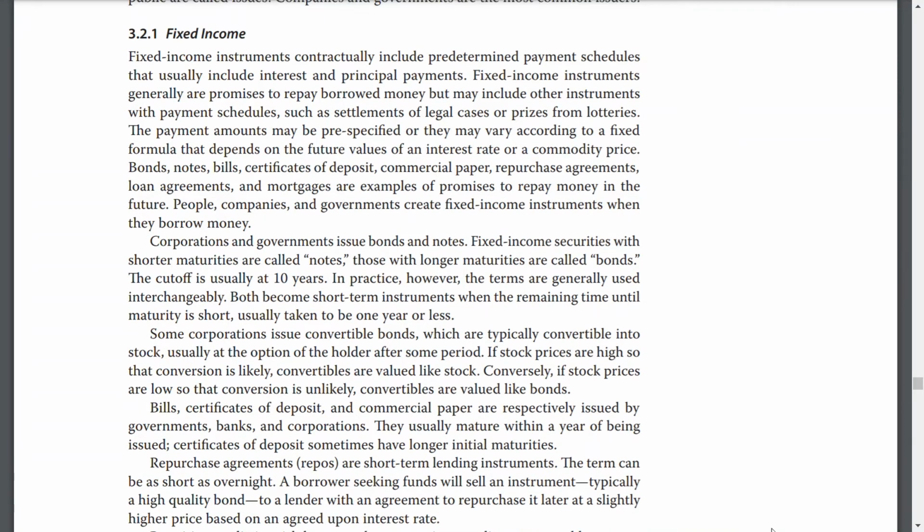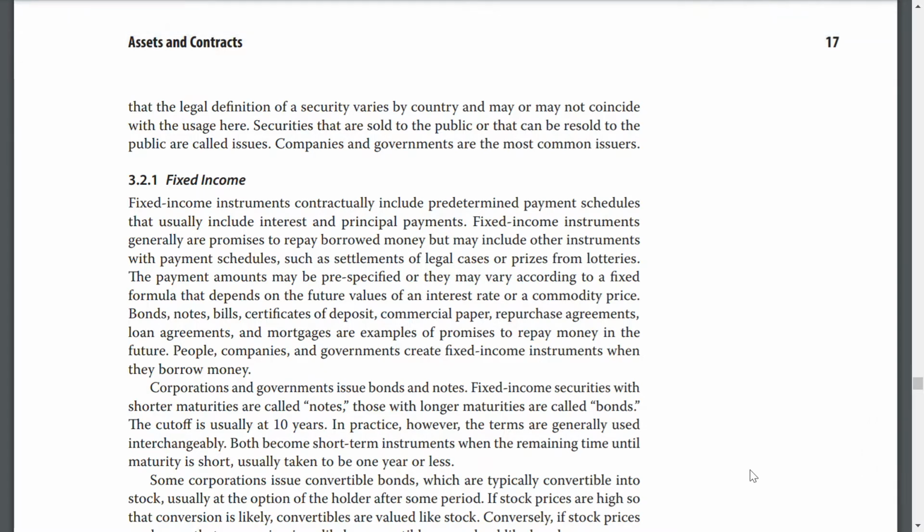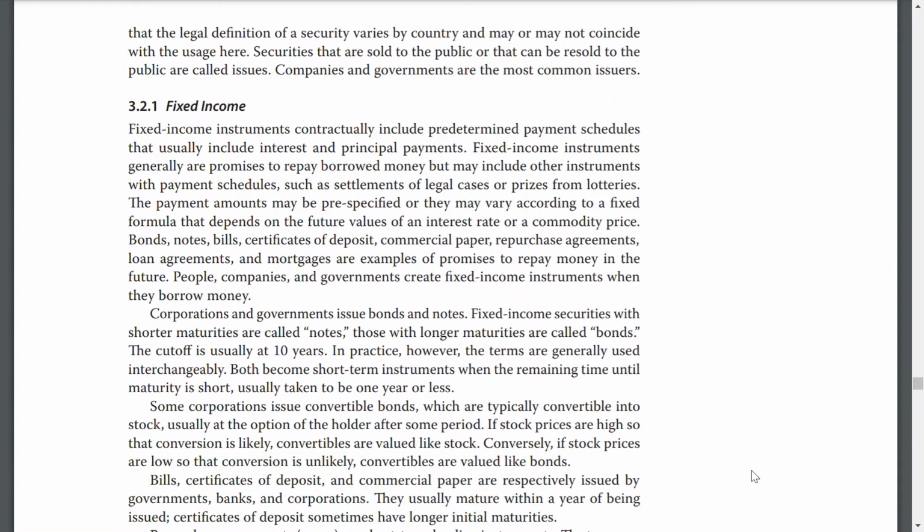Note that the legal definition of a security varies by country and may or may not coincide with the usage here. Securities that are sold to the public, or that can be resold to the public, are called issues. Companies and governments are the most common issuers.